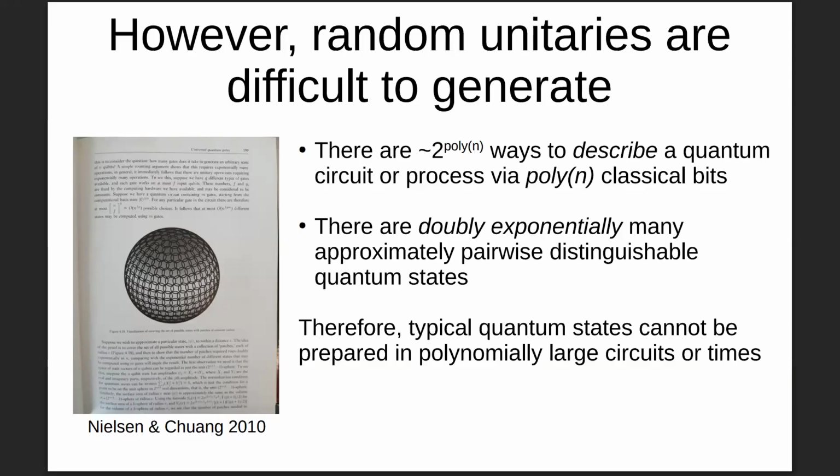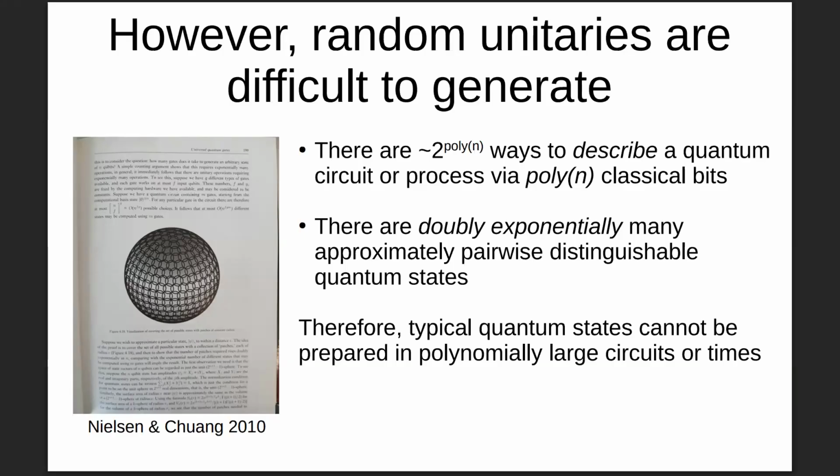But in an n qubit space, there are doubly exponentially, or exponential in dimension, many quantum states that are approximately distinguishable up to some fixed error.